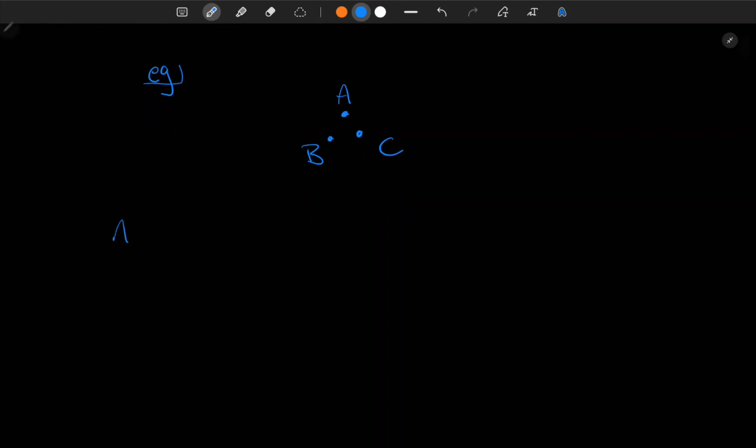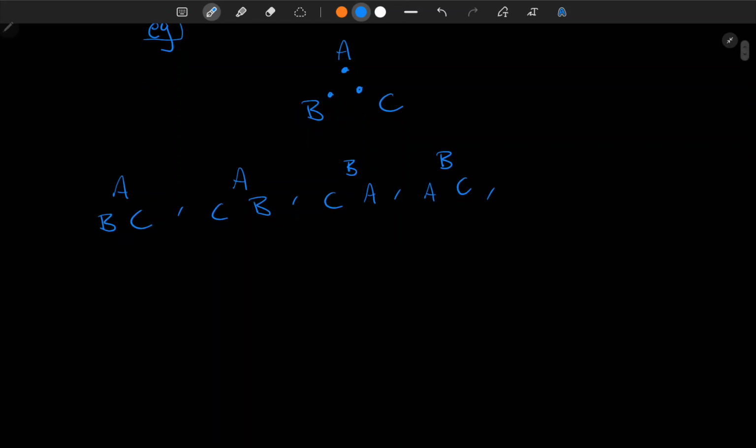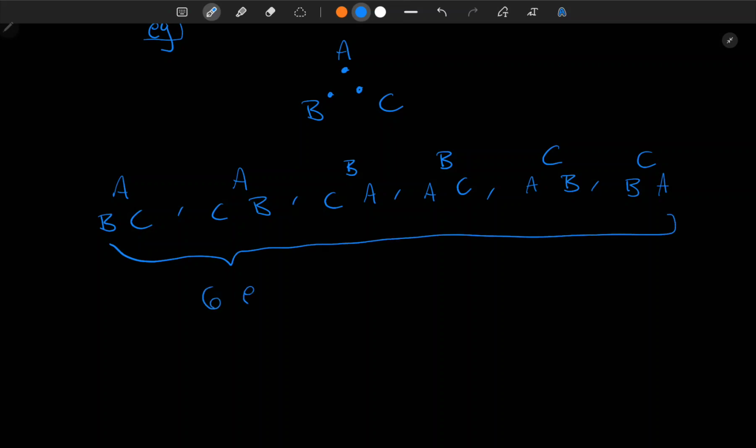To start, we can have what we have already, so A, B, C. We can also swap B and C, so we could have A, C, B. Next, we could have B on top, so we could have B, C, A, or we could have B, A, C. And finally, we could have C on top, so we could have C, A, B, or we could have C, B, A. And this is an exhaustive list of all of the elements. So notice here that there are 6 elements.